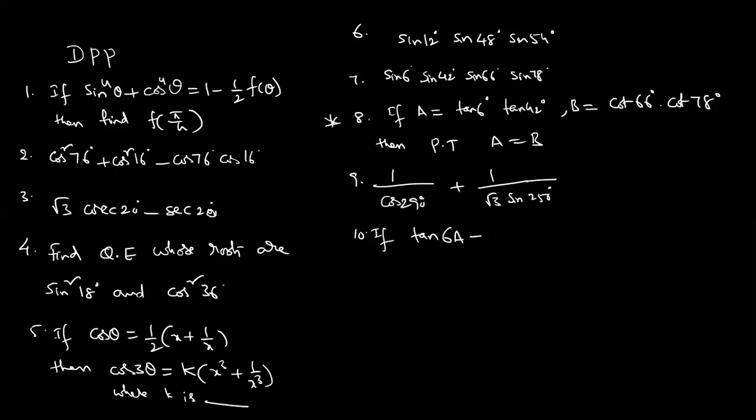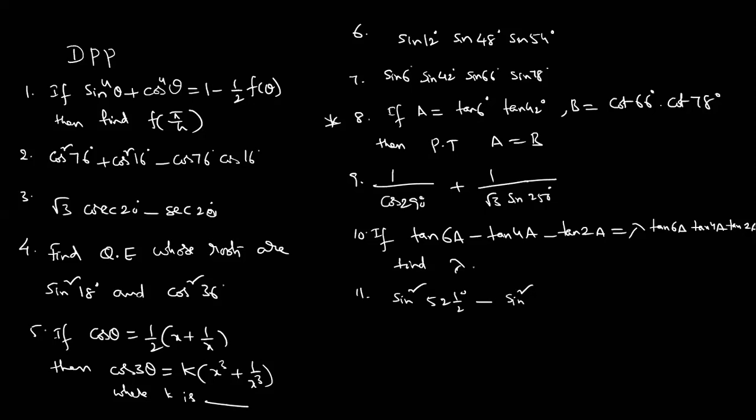Next, tan 6A minus tan 4A minus tan 2A is equal to lambda times tan 6A tan 4A tan 2A. Find lambda. Next, sin square 52.5 degrees minus sin square 22.5 degrees.